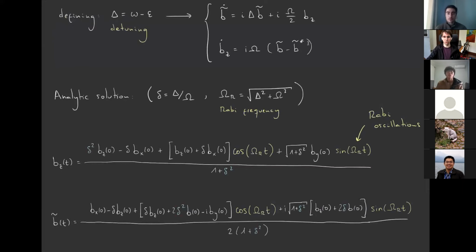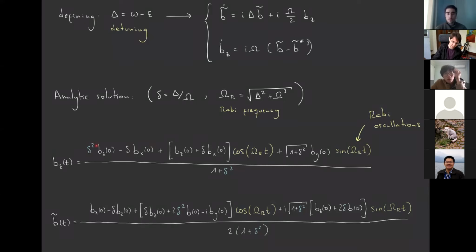So what happens with this solution, I marked it in blue, is that the denominator of the solutions go as delta square, okay? And then if you check the numerator, in the numerator you have b's, but the b's are bounded by 1. That's what we know from physical states of the two-level system. And everything else is also order 1 or order delta, okay? So you can see this term here, for example, that is delta. Then when you divide delta by delta square, you get 0 in the limit of delta going to very large.